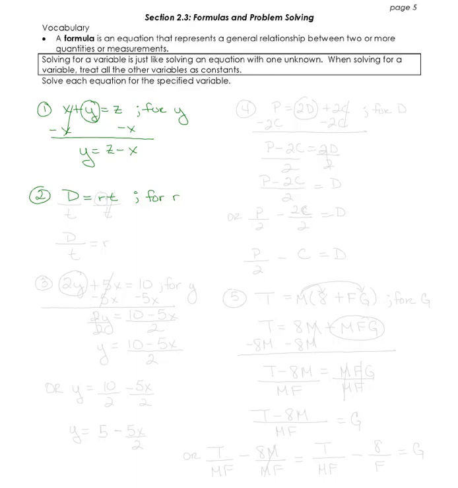This is r times t. r is what we're solving for, so that's not the variable that we want to move first. So which variable are we going to move, and how will we move it? Yes. Divide by t on both sides, and we have d over t is equal to r.